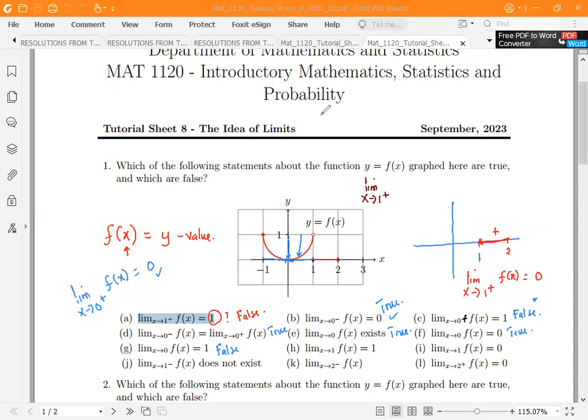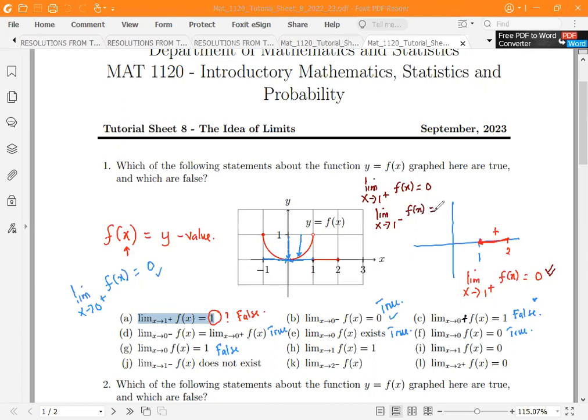We said the limit from right, we found 0. So from right, it's 0. So we also need to find from left. So the limit as x approaches 1 from left of f of x is equal to 1.